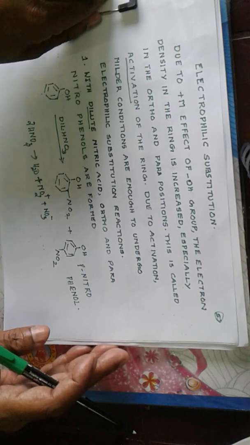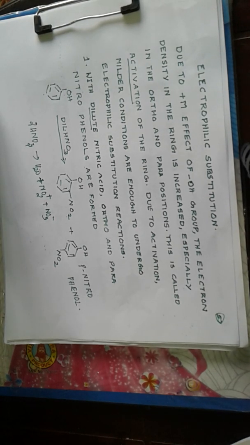Now coming to electrophilic substitution reactions of phenol. Now the OH group shows plus M effect, and there is also a slight minus I effect. But plus M effect is of greater magnitude than minus I, and due to plus M effect, electron density is injected into the ring.